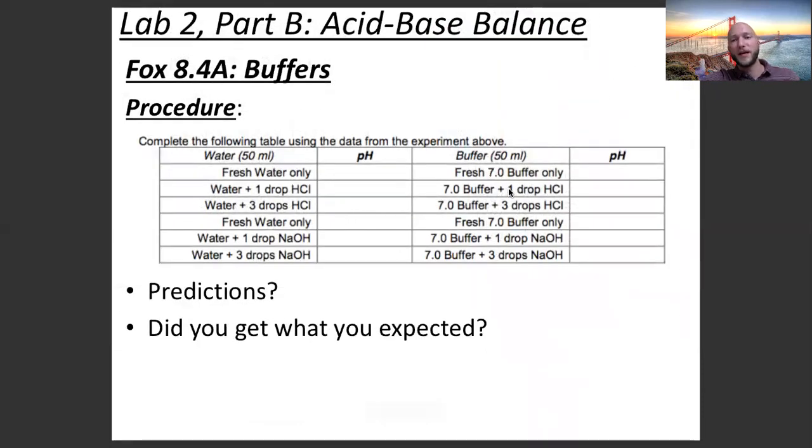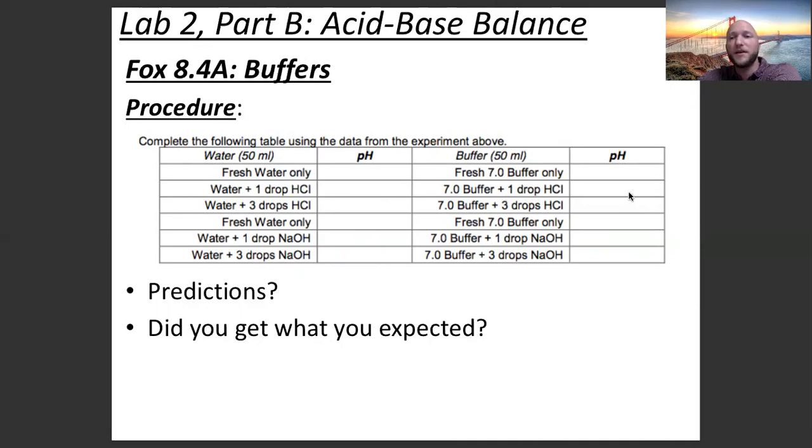So knowing that buffer solutions help minimize change in pH, let's look back at this experiment, Fox 8.4a. This is the one where we measured the pH of pure water and added some hydrogen chloride, and we saw that the pH changed rapidly. It went down rapidly. We did the same thing where we measured the pH and added a base, pH went up rapidly.